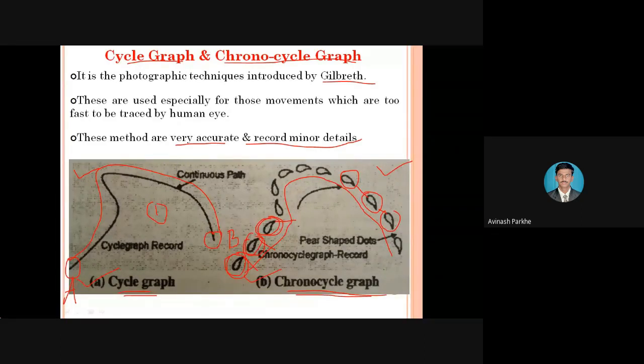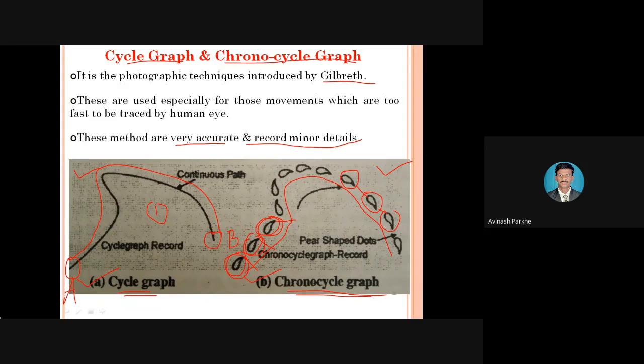So in order to record those small movements on a single machine, the cycle graphs and the chronocycle graphs, this recording technique is developed. Initially the cycle graphs were developed, but they have some limitations. To avoid that limitation, the second method is developed, which is called chronocycle graphs. So this is about the next recording techniques, which are used to track these small movements by using the human eyes.